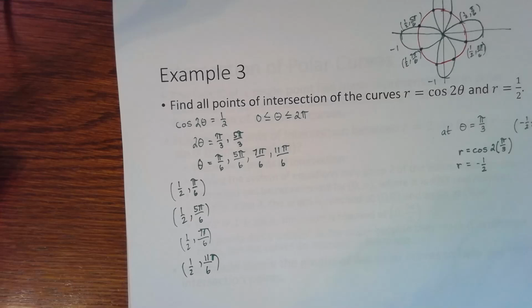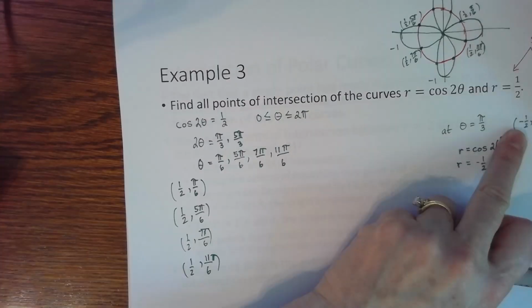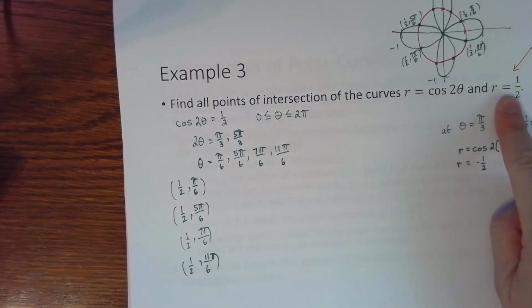No matter what, you have a distance of -1/2 from the origin, or you just go in the other direction, but you still get the same exact circle. So these are the same circle. So when we solve using this one, we're only going to find the points where we get a +1/2.